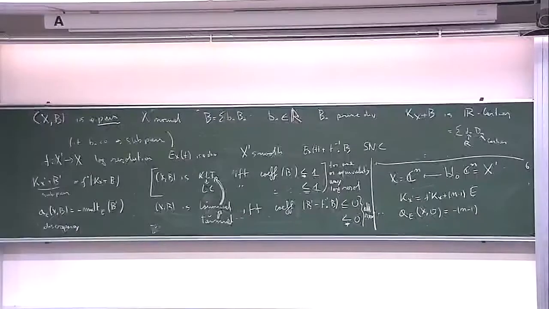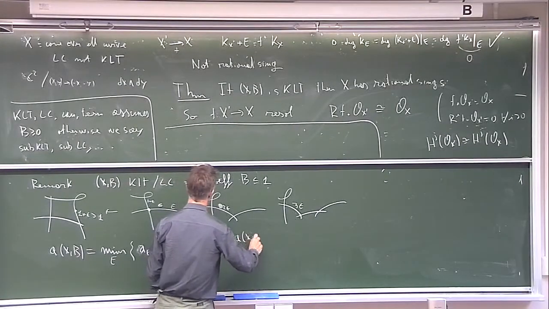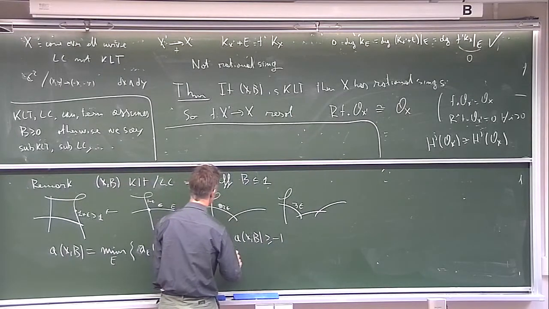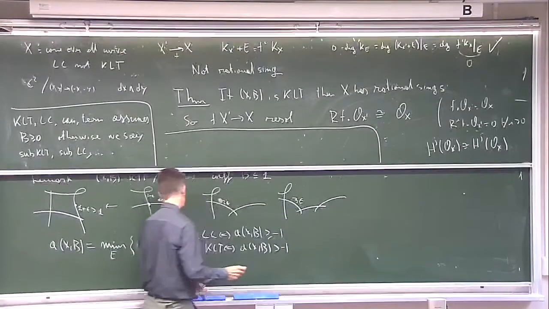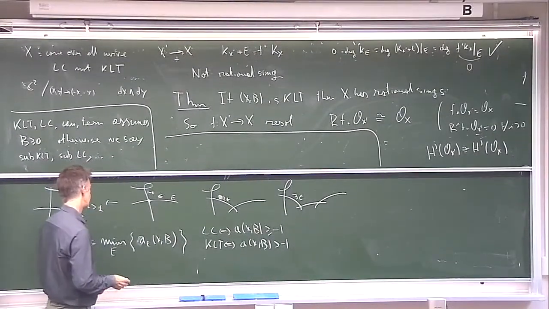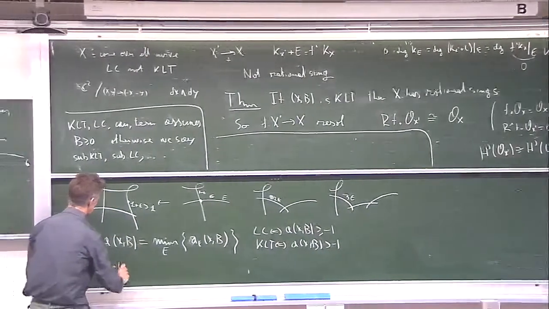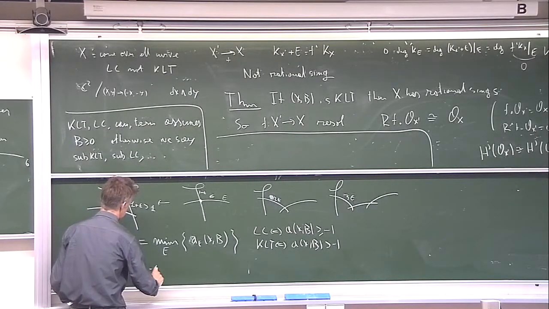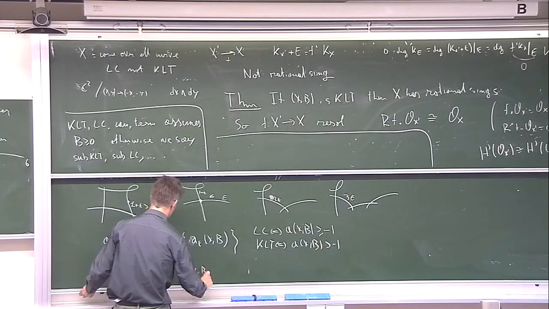So from the point of view of discrepancies, log canonical is equivalent to saying that a(X, B) is greater or equal to -1. KLT is equivalent to saying that a(X, B) is strictly greater than -1. So now, my claim is that what I've just shown is that if a(X, B) is less than -1, then it's -infinity.